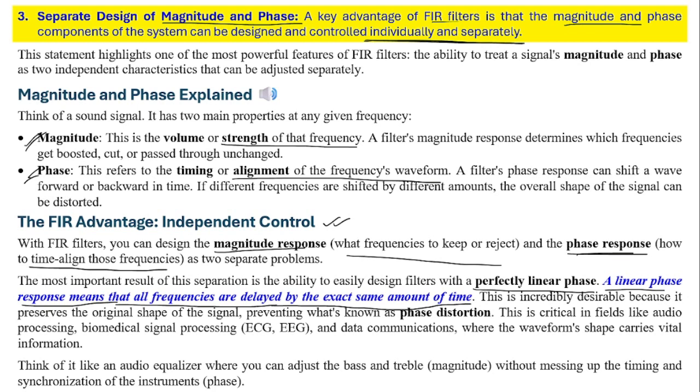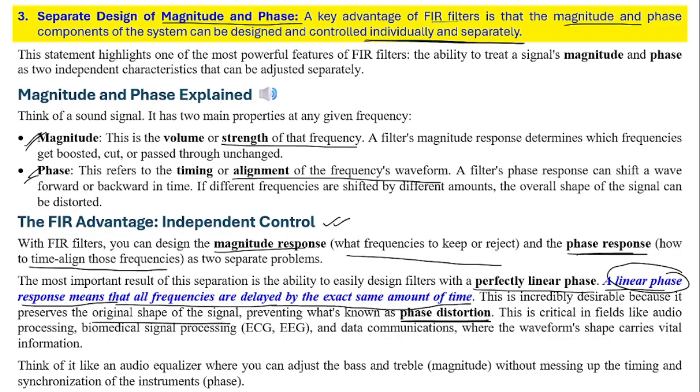This is incredibly desirable because it preserves the original shape of the signal, preventing what is known as phase distortion. So for the linear phase filter, keep this in mind. There is something linear coming, which I will be discussing a bit later.